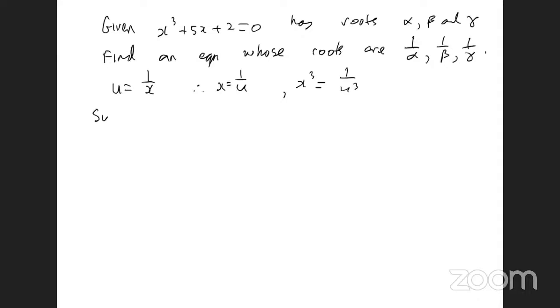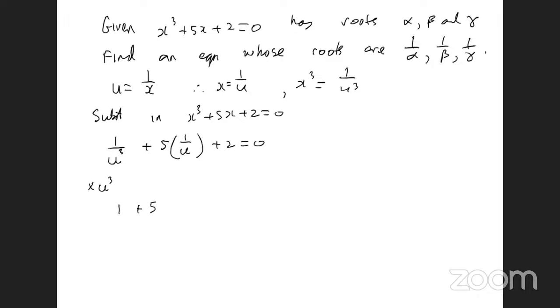So when I substitute into X cubed plus 5X plus 2, I will get 1 on U cubed plus 5 by 1 on U plus 2 is 0. Multiply everything by U cubed, you'll get 1 plus 5U squared plus 2U cubed is equal to 0.